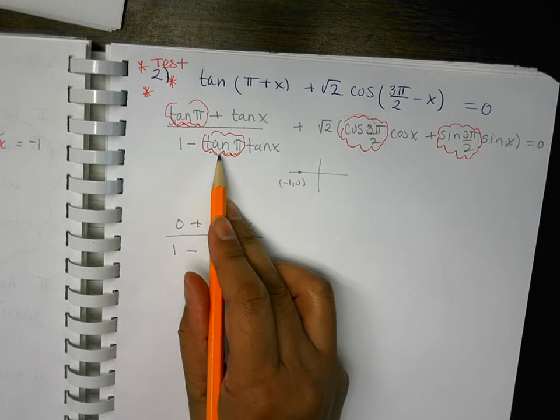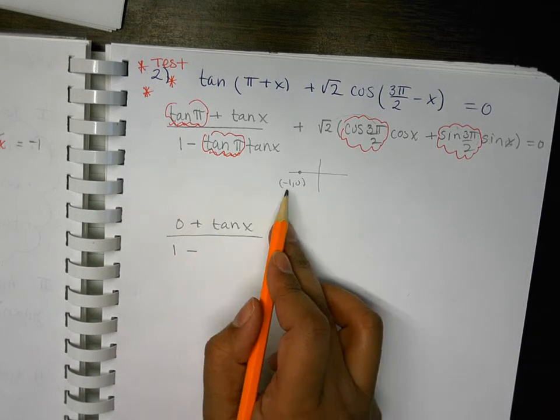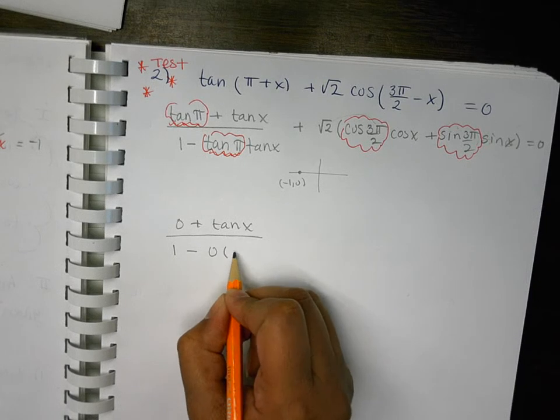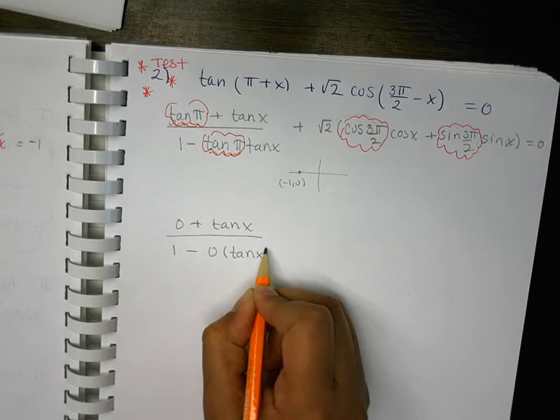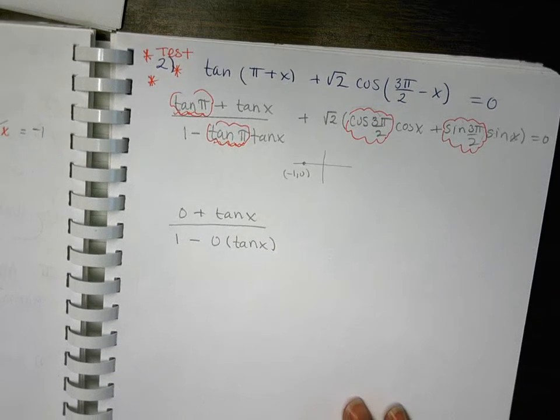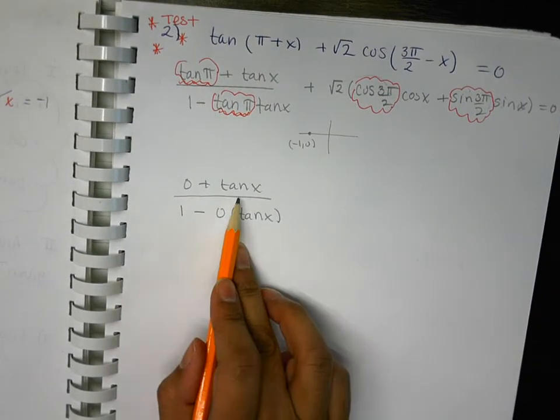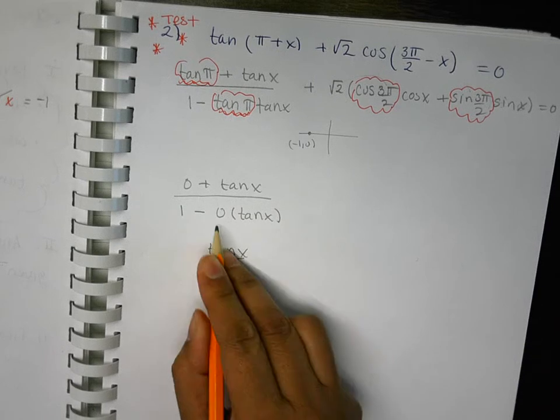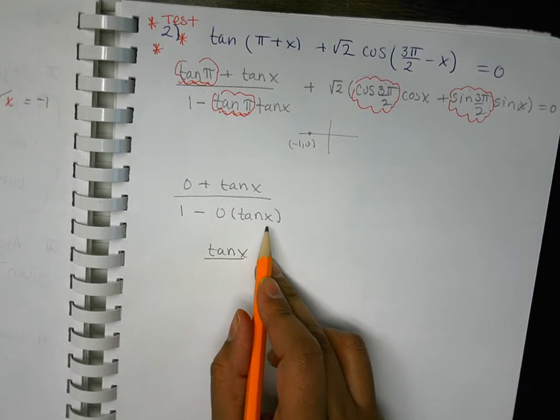We already calculated that tan of pi is what? 0 times tan of x. All right, so let's clean this up. What's 0 plus tan x? Tan x. What's 0 times tan of x? 0. So 1 minus 0 is 1.